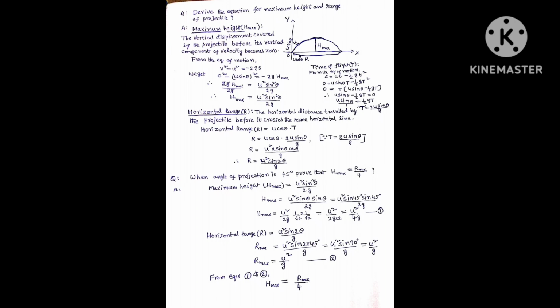From the above equation, we get 2g h maximum equal to u square sin squared theta. Finally, we get h maximum equal to u square sin squared theta by 2g.